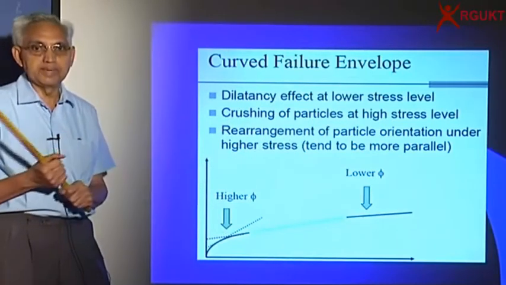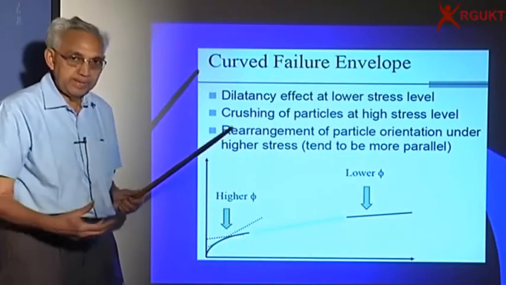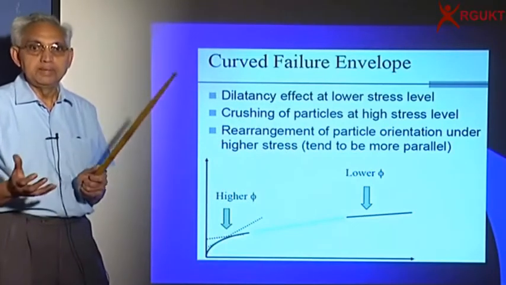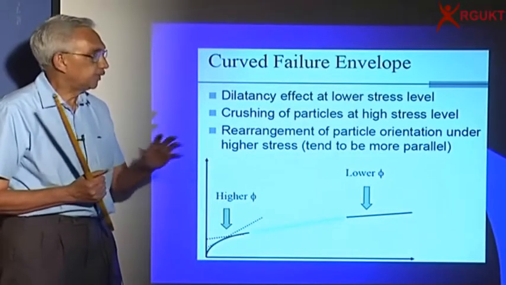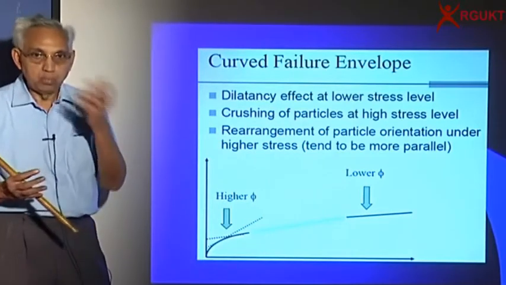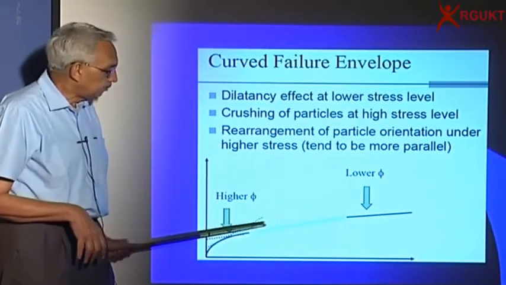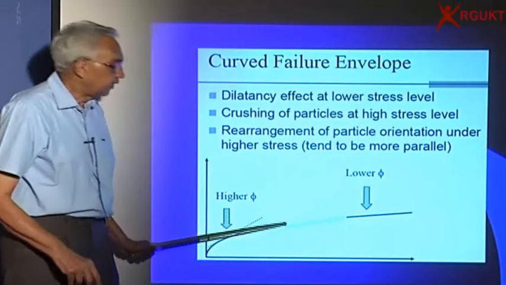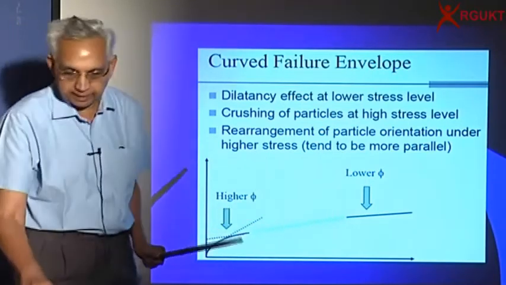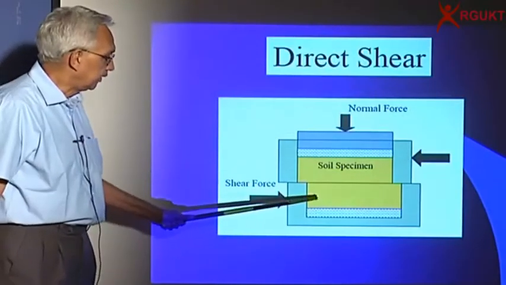So that is the second one. The third is because of the particle orientation. In case of fine-grained soil, the finer particles are trying to become more parallel or less parallel depending on that. So in some soils, you find that the curvature is very important and the failure envelope is not a straight line.